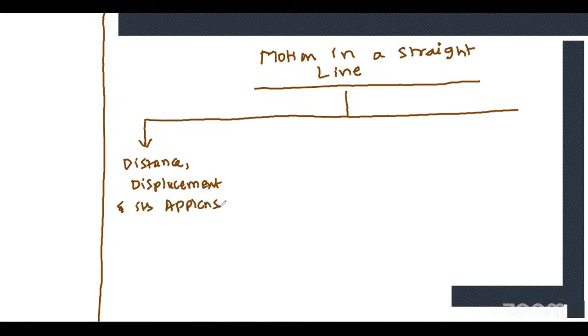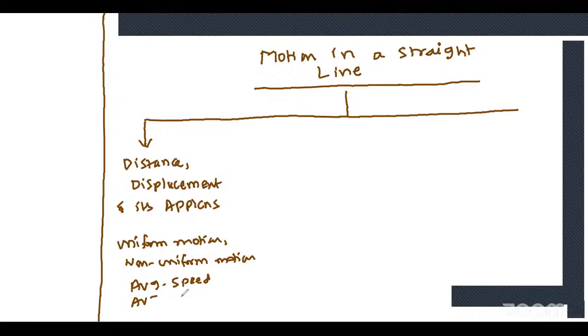Thereafter, we are having uniform motion, non-uniform motion. Correspondingly, we are having the average speed, and then average velocity, and then instantaneous velocity.